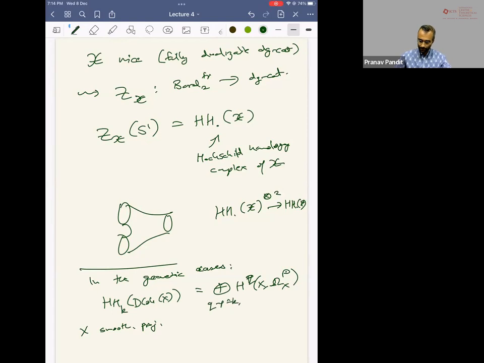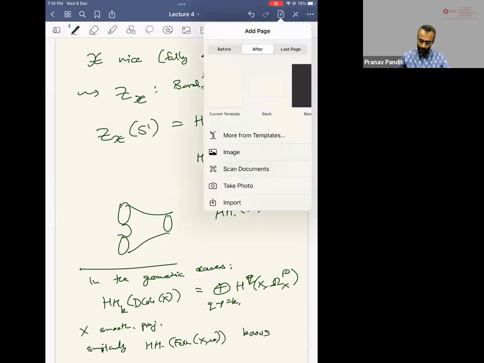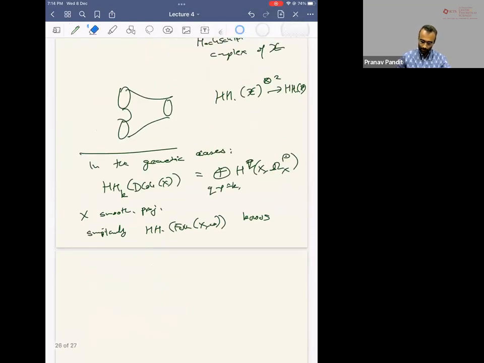And similarly, HH of the Fukaya category of X, omega is computed by symplectic homology.